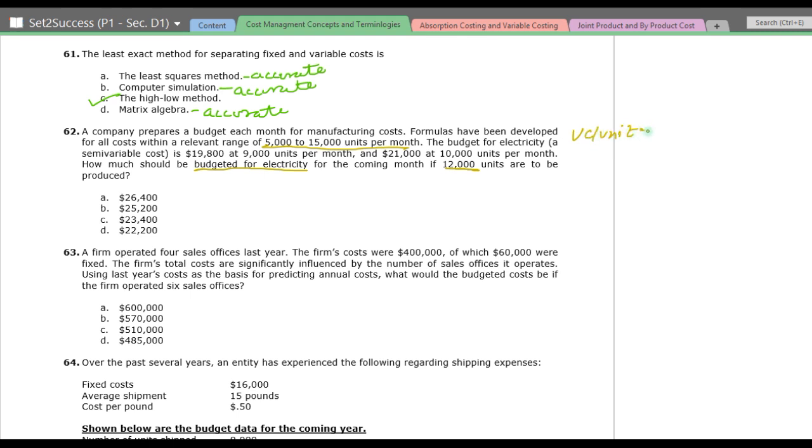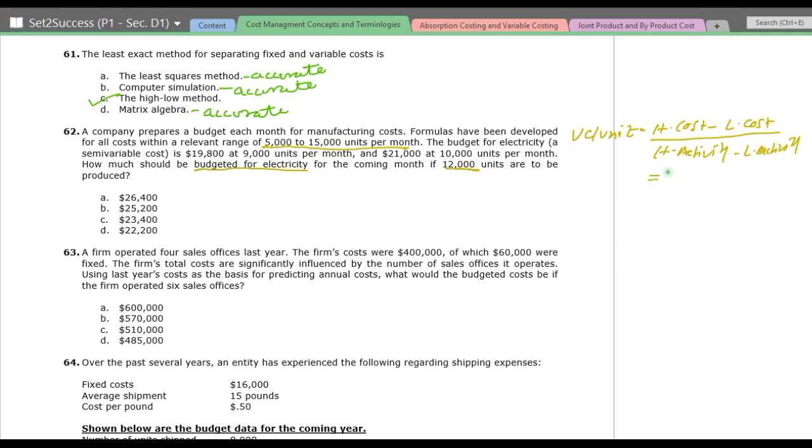So in order to find the variable cost per unit, we have highest cost minus lowest cost by highest activity minus lowest activity.